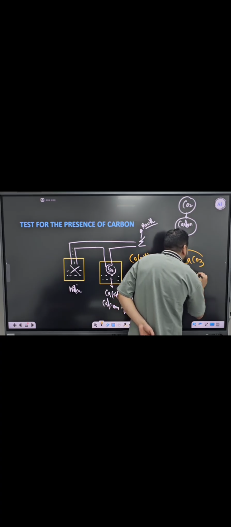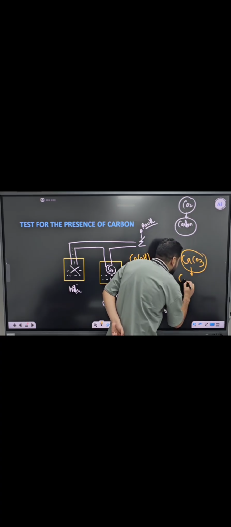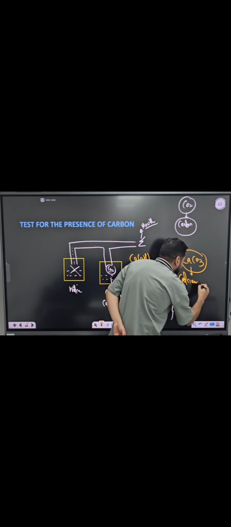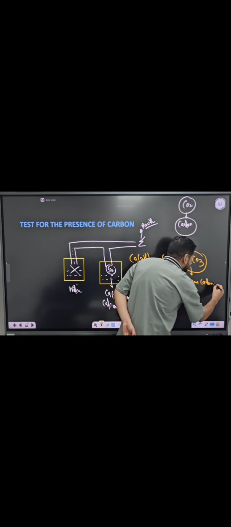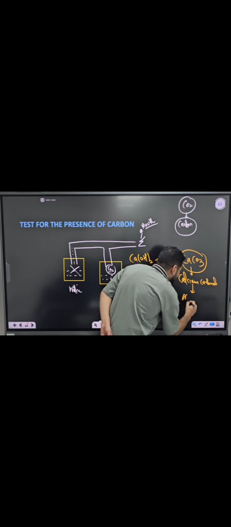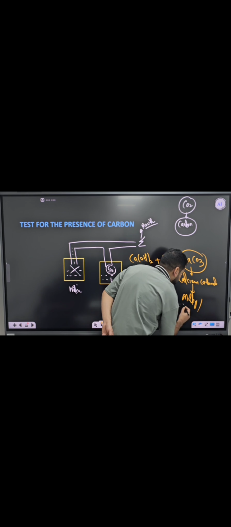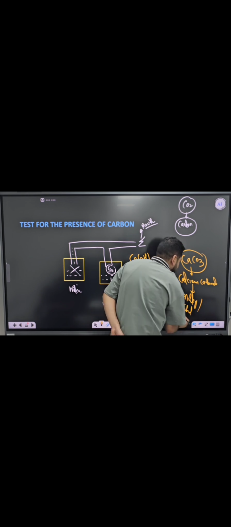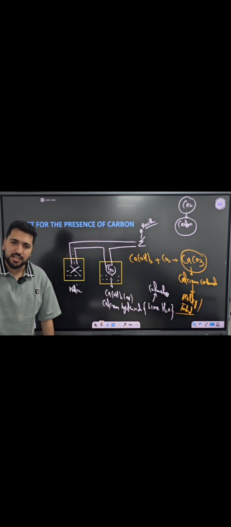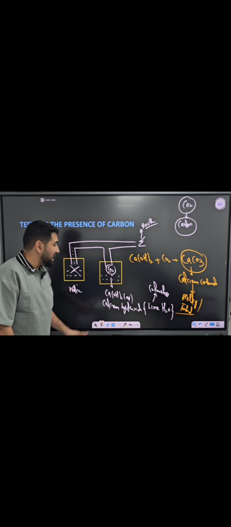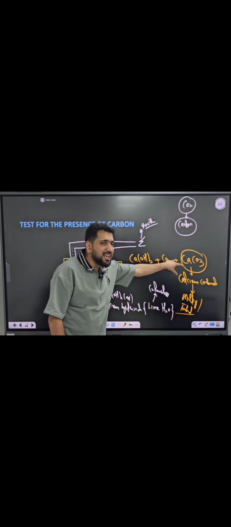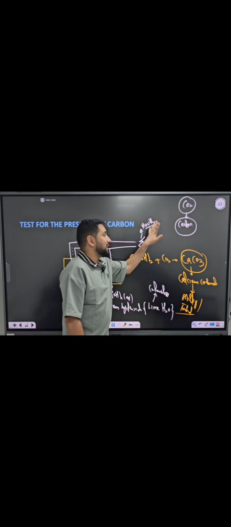This CaCO3 is calcium carbonate, and its color is milky, or you can write turbid. So whenever there is a change from colorless to milky color, we can say that there is carbon.